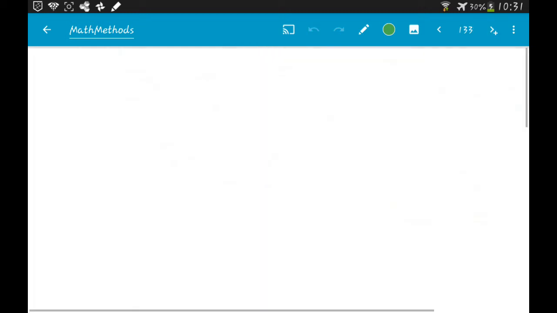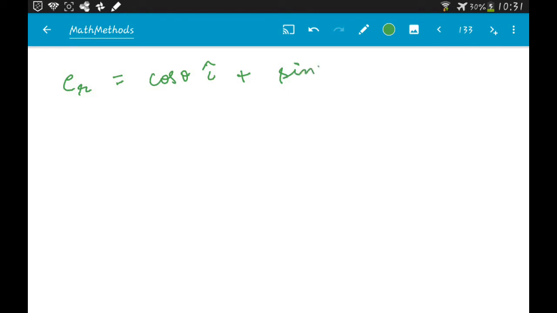So right now you have ER equal to cos theta I plus sin theta j, and E theta is nothing but minus sin theta I plus cos theta j.